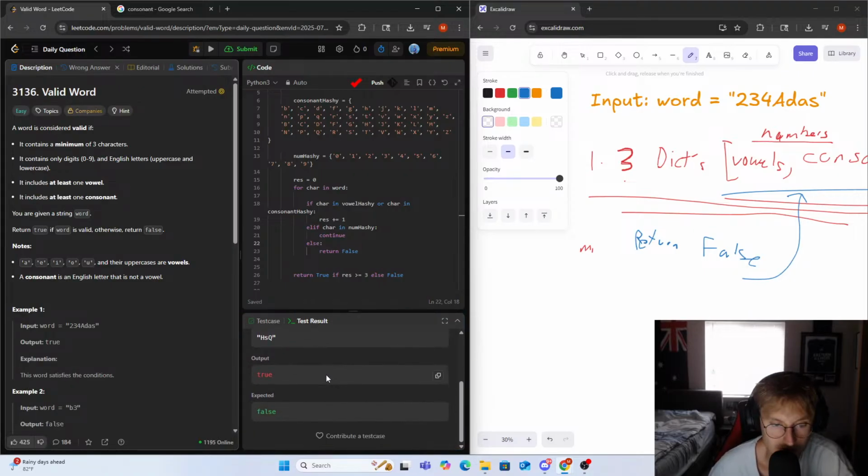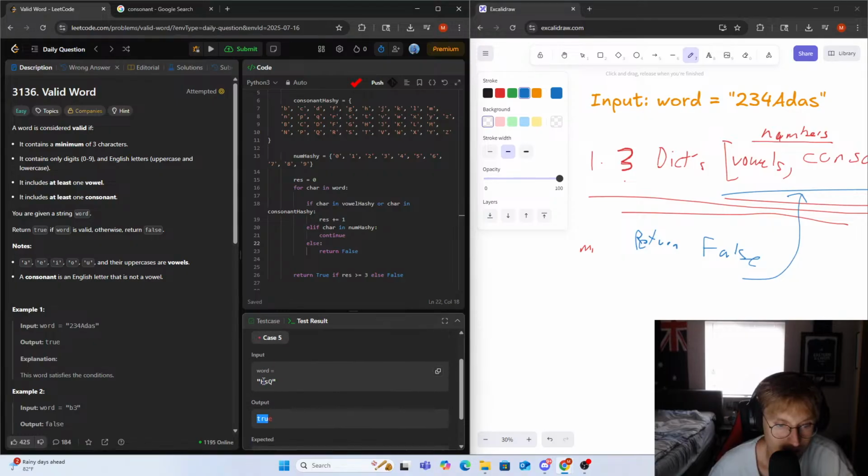So case 5 here, HSQ. It includes at least 1 consonant. Ah, okay. It includes at least 1 vowel. We're not actually checking this here.